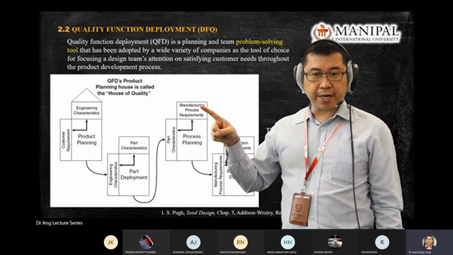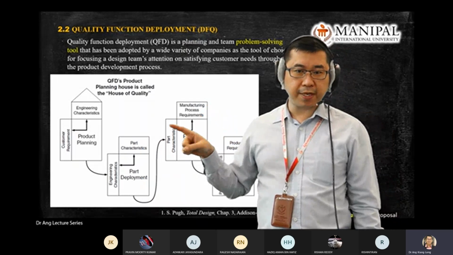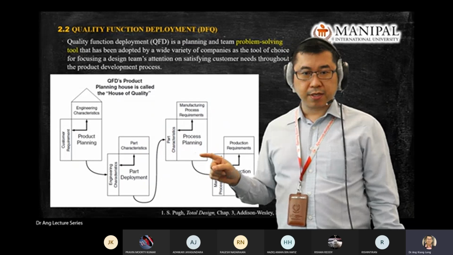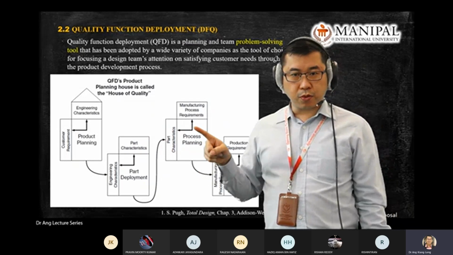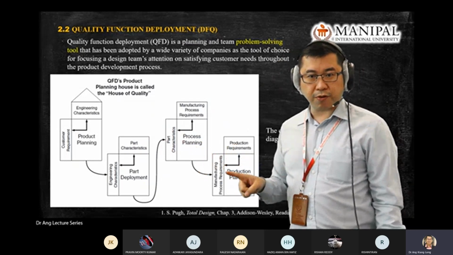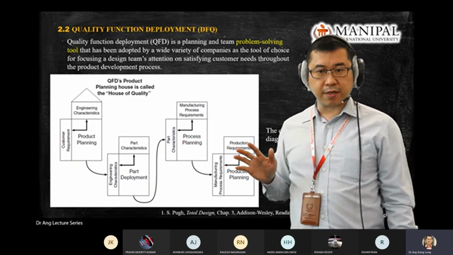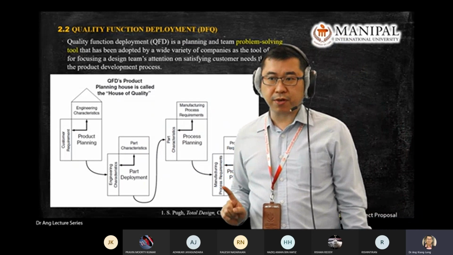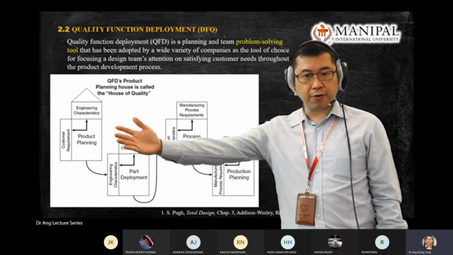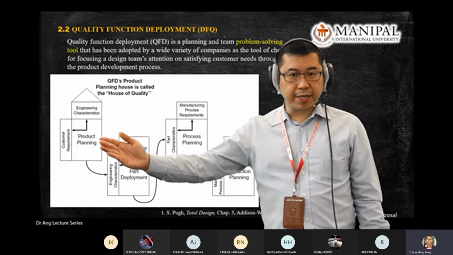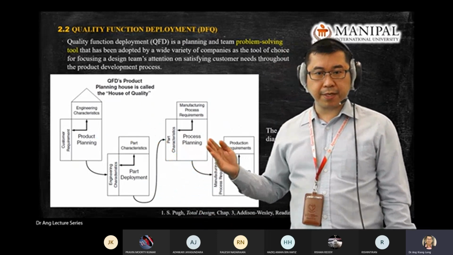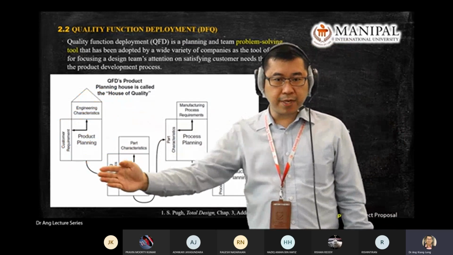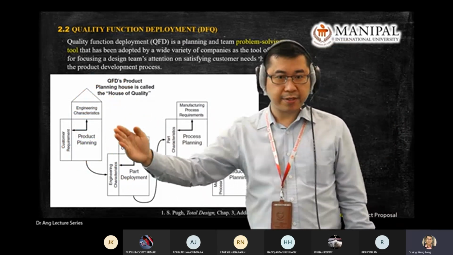You look at the manufacturing process requirement and the part characteristics. After that, you go for production planning, which is the fabrication part: production requirement and manufacturing requirement. So you have 4 processes here: product planning, part deployment, process planning, and production planning. In Capstone Design 1, you are here.